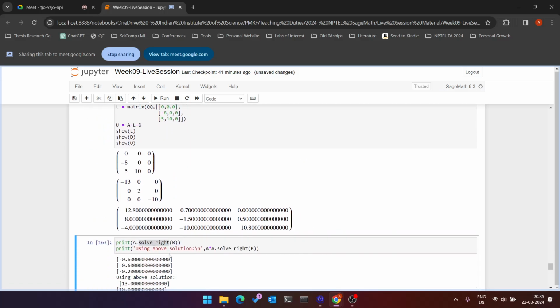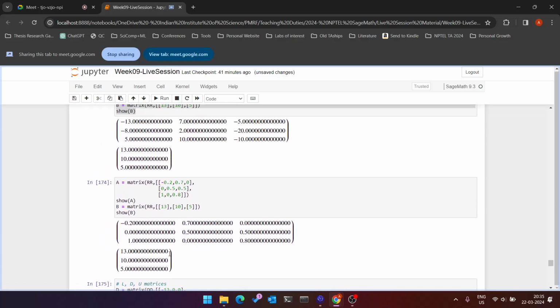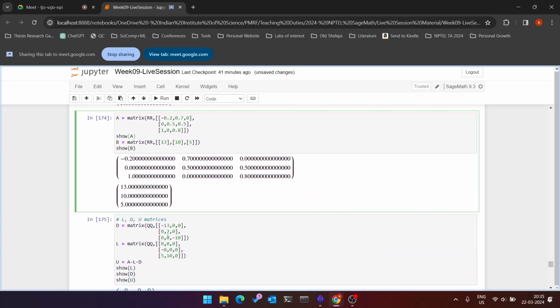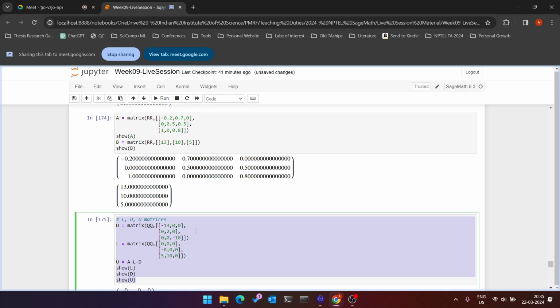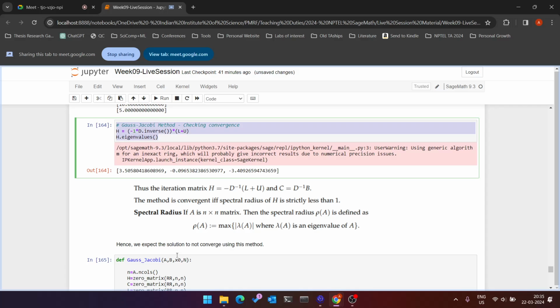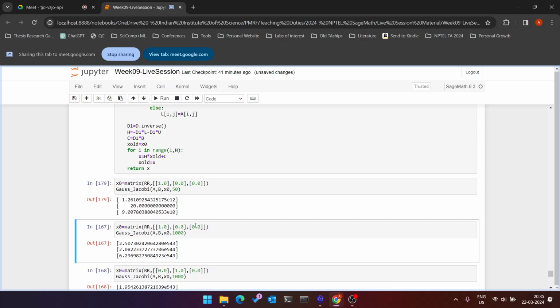Again, I have some values for L, D, U. I do A dot solve, which gives me some value, and then I use the Gauss-Jacobi method. This is what my answer looks like: 20 and 9, e to the power 10.